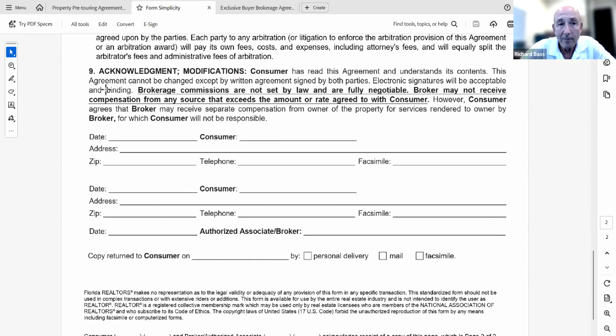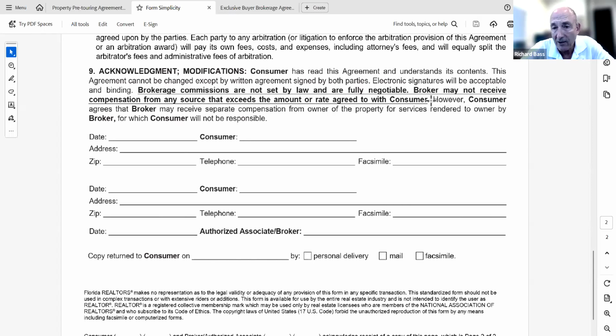Okay. And here they're telling you commissions are not set by law, they're fully negotiable, and the broker may not receive compensation from any source that exceeds the amount or rate agreed to with the consumer.